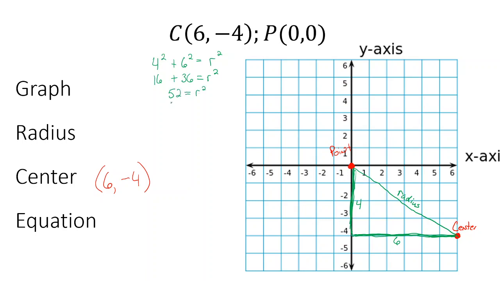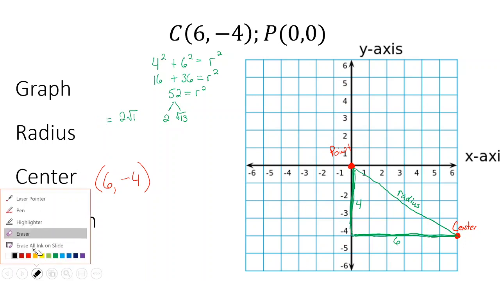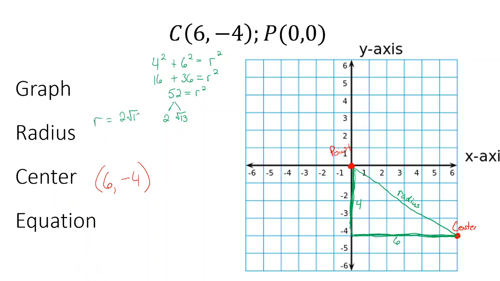And you guys can remember, sometimes we want to simplify these. This is going to help you as you work through your book. This is 2 root 13. So r equals 2 root 13, and r squared equals 52.